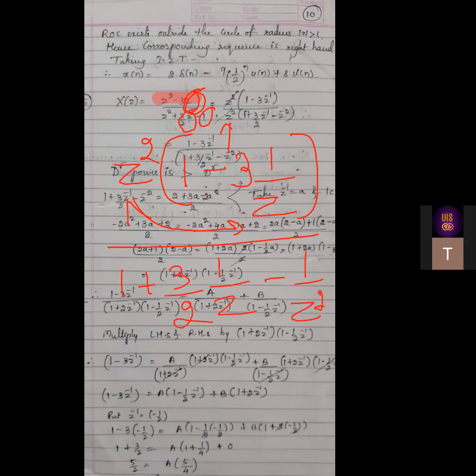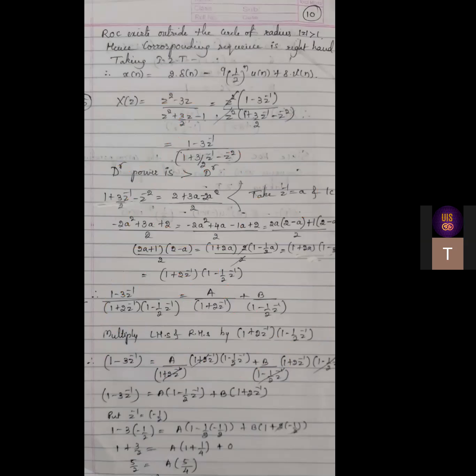If you want to get the original equation back, multiply z square with all three terms, and you will get this original equation back.